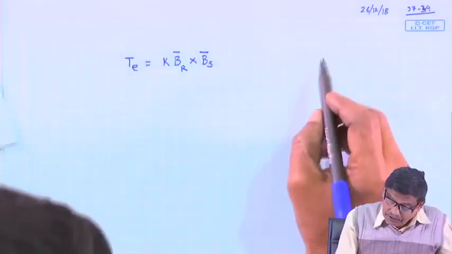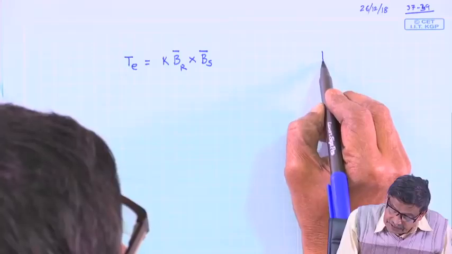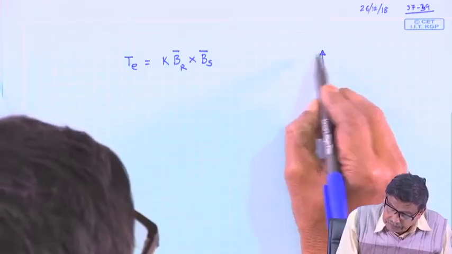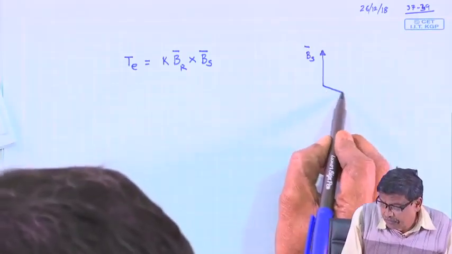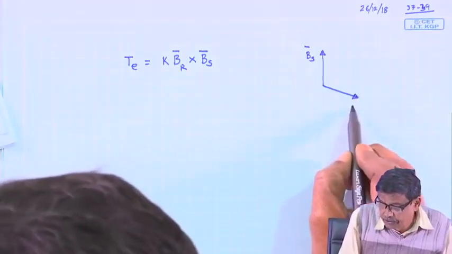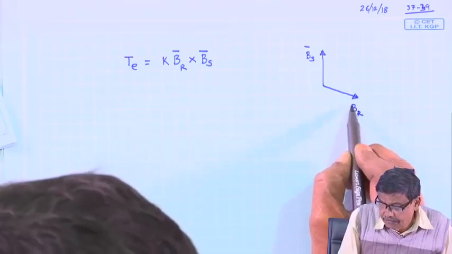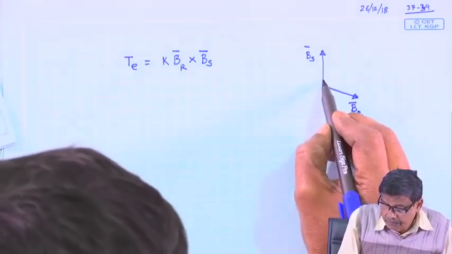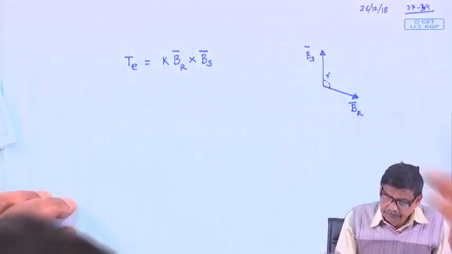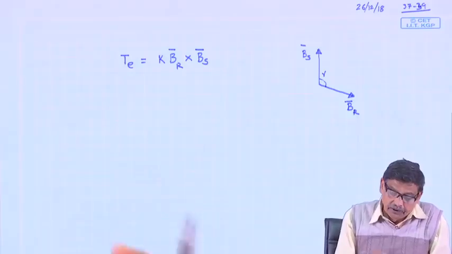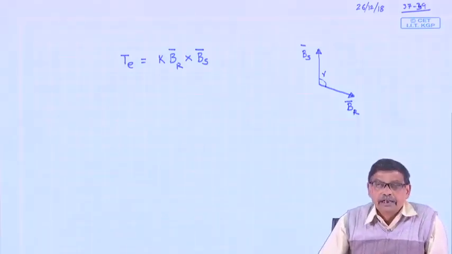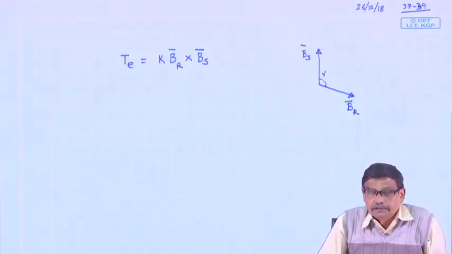Now, what we have here is this is your B s. I will not draw the stator and rotor, no point in drawing now, we have understood what we are doing. This is B r and this is gamma. Now, you see this expression of the torque can also be expressed in terms of the resultant field.